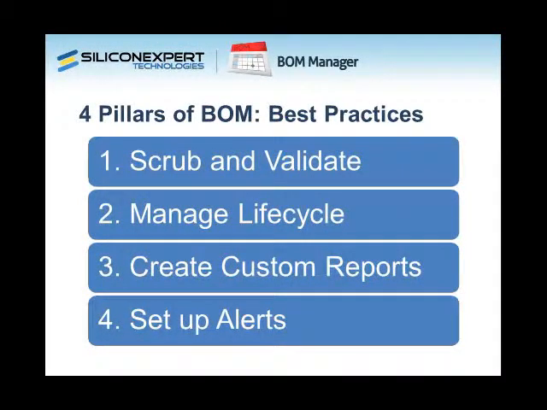As I mentioned, the first thing that you want to do is scrub a parts list. So what we have put together is 4 pillars of the BOM manager, and that scrubbing is number 1. The first thing that we do is we upload a part list, scrub it to find out whether the parts are correct part numbers, whether the suppliers are still the correct supplier.